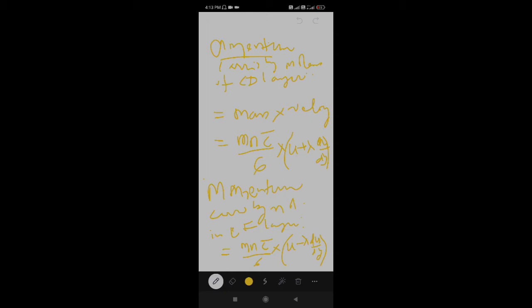Now what is the net momentum change? Net momentum change, net momentum transferred per second per unit area.